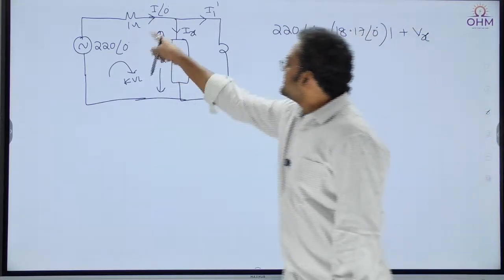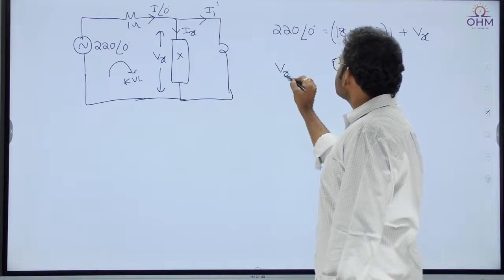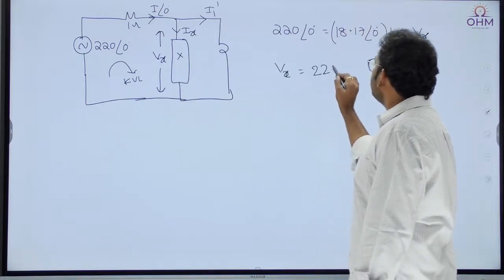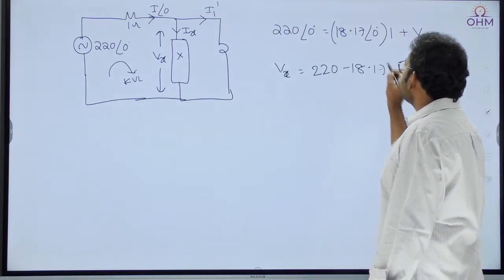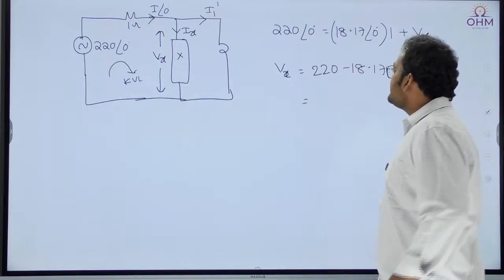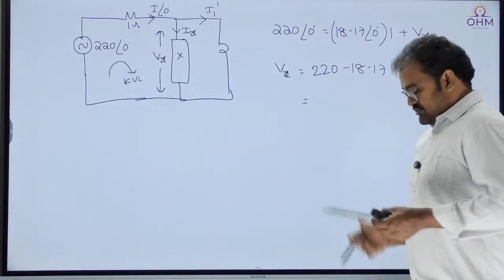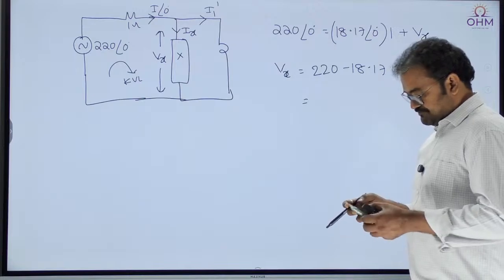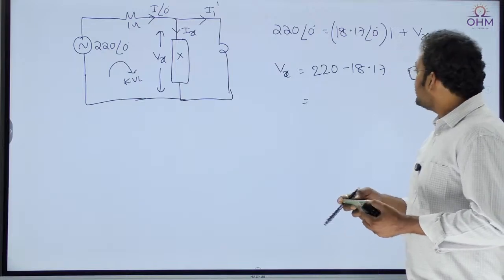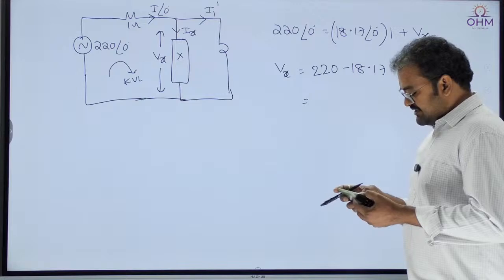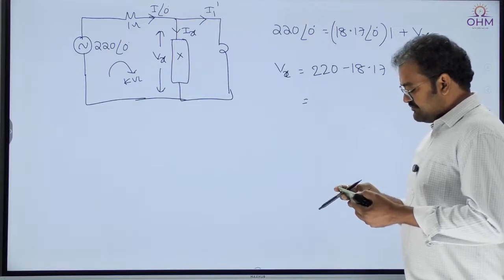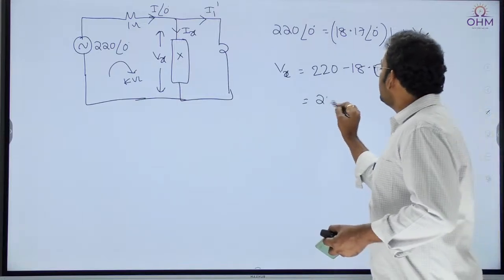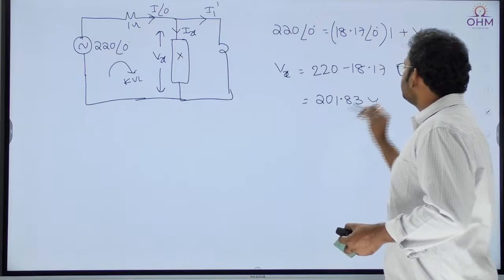Is it or not? So from this, Vx is equal to 220 minus 18.17, because both angles are 0 only. Algebraically I can proceed. So Vx is equal to 220 minus 18.17, I think it was 201.83 volt.